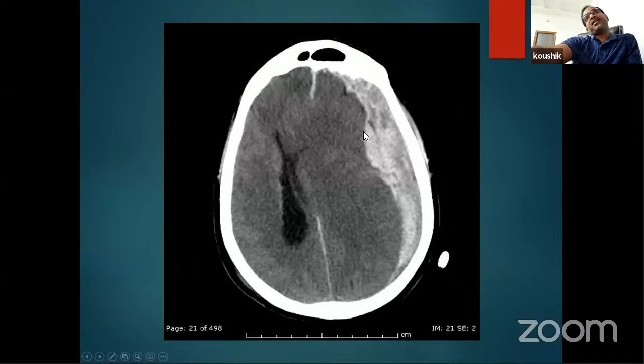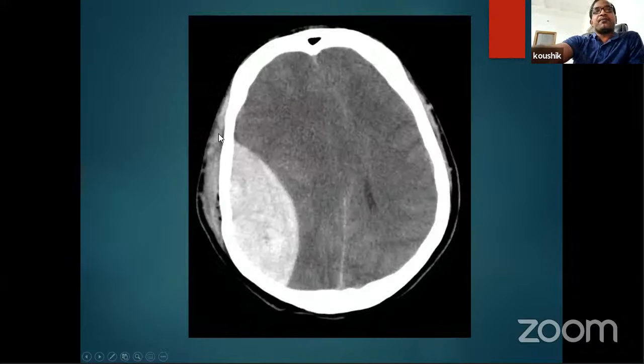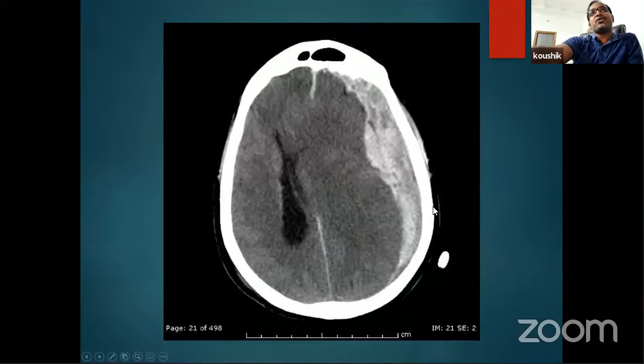In subdural hemorrhage, it is convexo-concave because it is a venous bleed. It cannot push the brain parenchyma that much to give a convex contour. So here this is an extradural hemorrhage and this is a subdural hemorrhage.